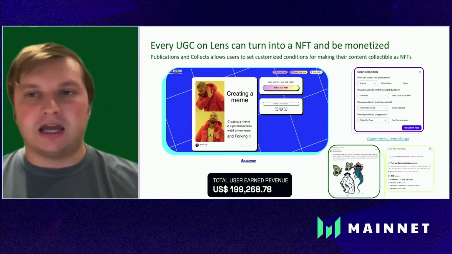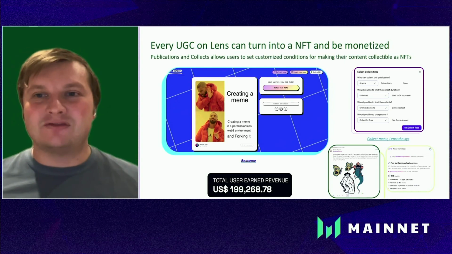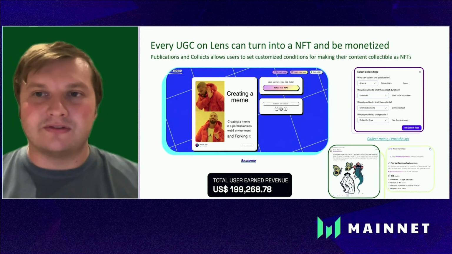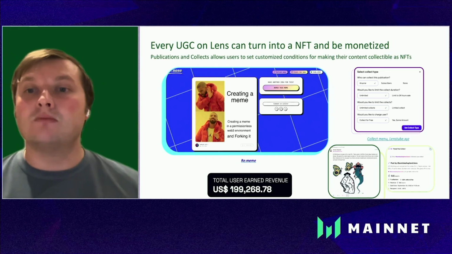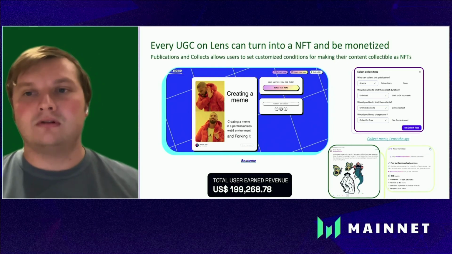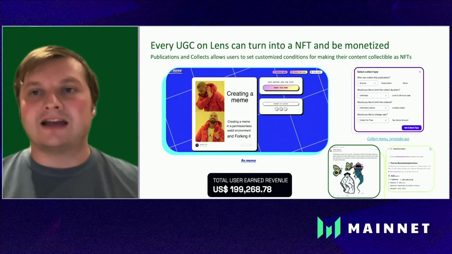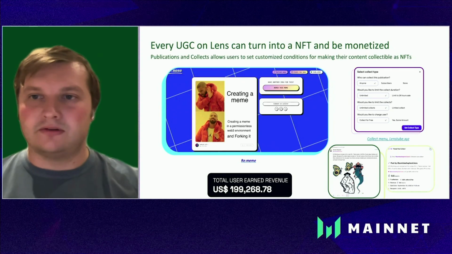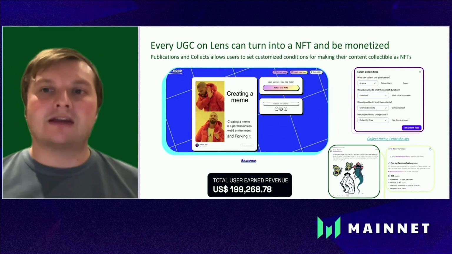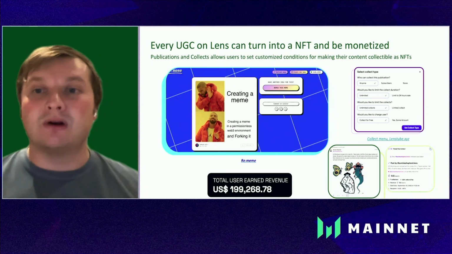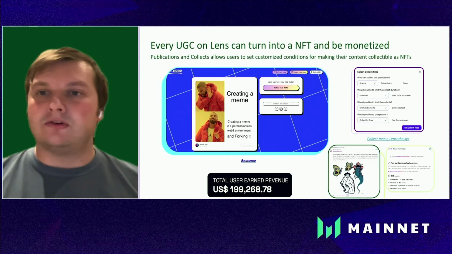That's where the exciting part comes, because for the first time ever, any content can be distributed across a Web3-powered social network and also collected, which brings direct monetization tools to creators and users. And because all the followers are also on chain, so the social graph is reflected through the blockchain, creators are owning their relationships, and anyone can become a creator with Lens Protocol and monetize their user-generated content.